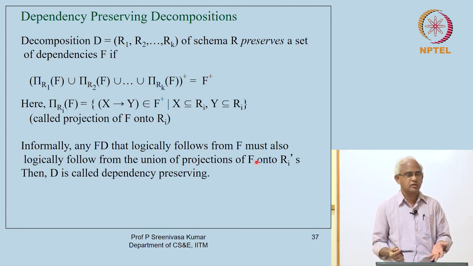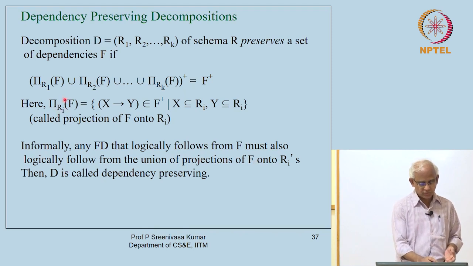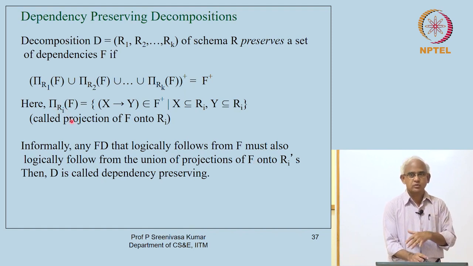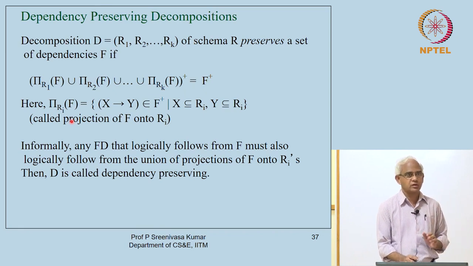If the decomposition satisfies this dependency preserving property, then what it can do is take the projection of F onto Ri, R1 and R2, and enforce them. It is equivalent to enforcing the original set of functions. Okay, so that is what we want.